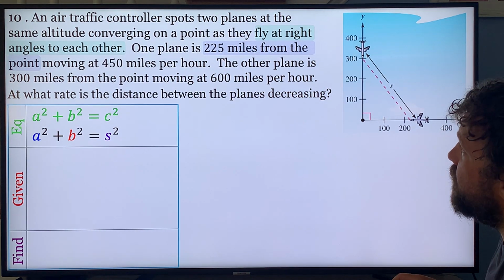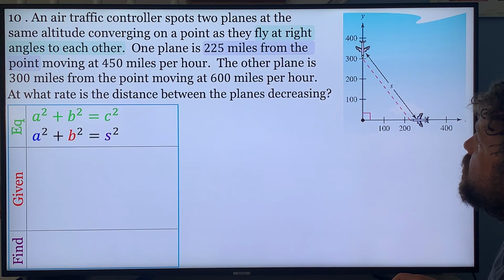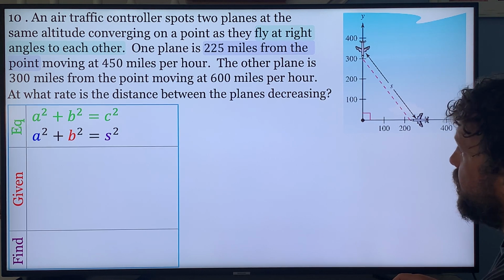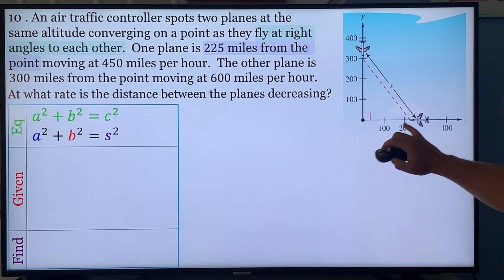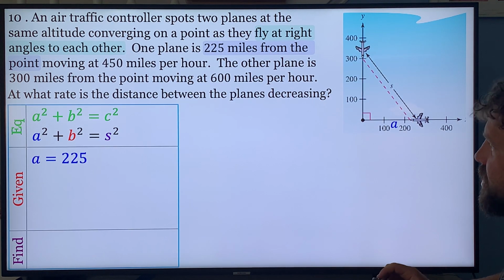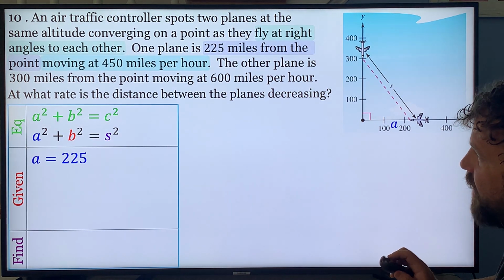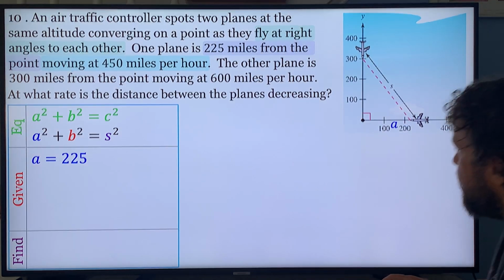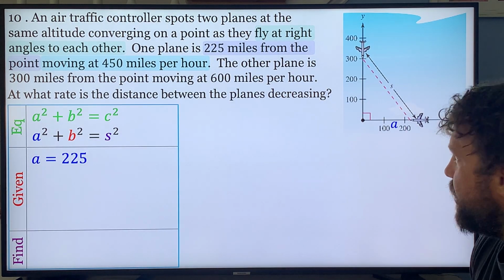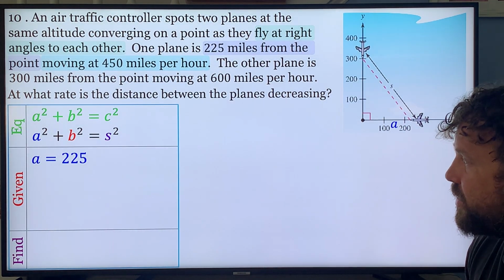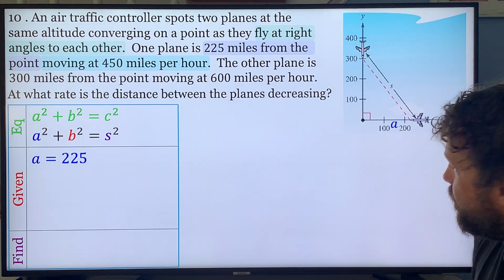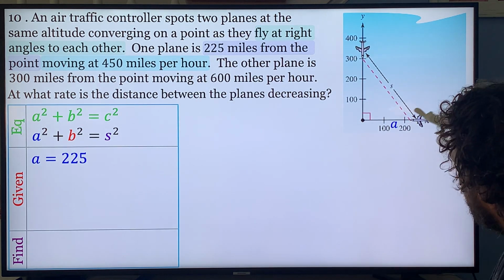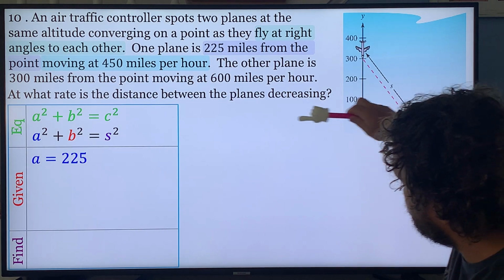So what I'm going to start with is one plane is 225 miles from the point. So I'm going to call that a. So from here to here, I'm going to say is my a, 225. So if that's 225 and it's moving at 450 miles an hour. So moving is a rate. So what do you think that is? What's 450 miles an hour? What da/dt? It's moving at a rate 450 miles an hour.